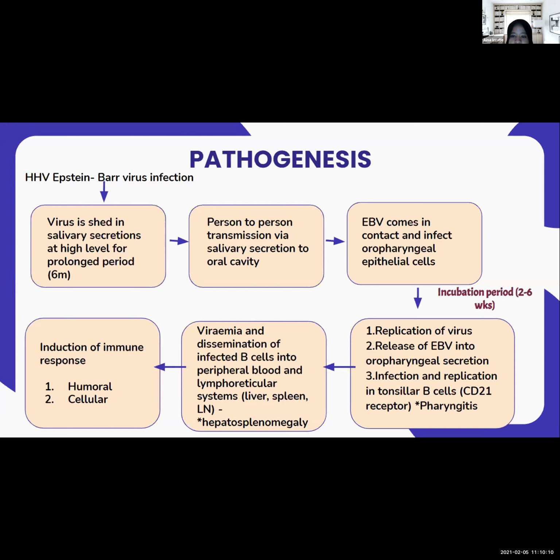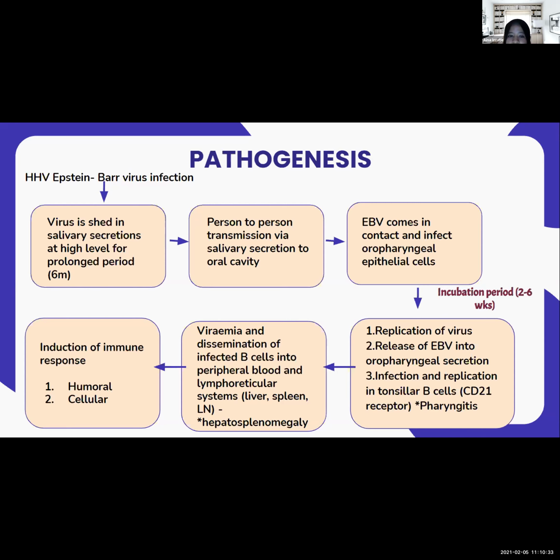The virus can also be released into oropharyngeal secretion, which is the saliva, and can infect and replicate in tonsillar B cells because one of the cellular receptors is CD21, which is present on B cells. This replication can cause symptoms of pharyngitis.